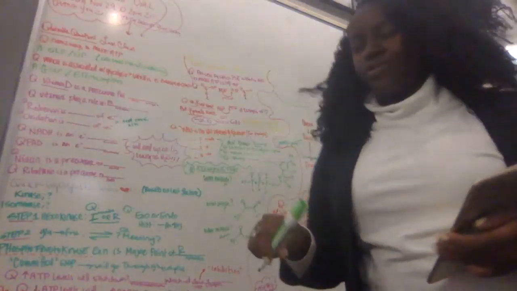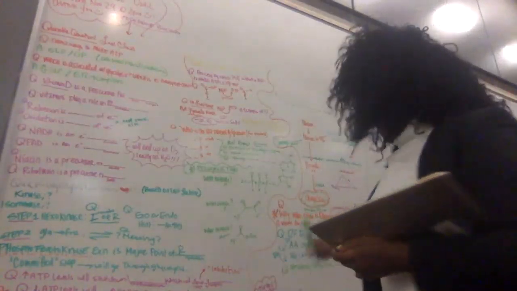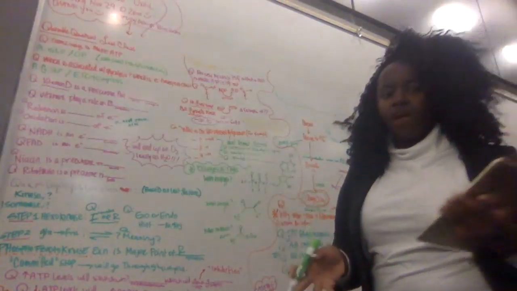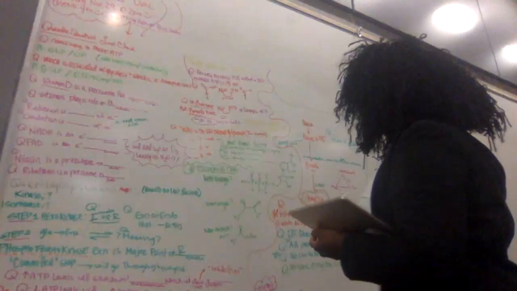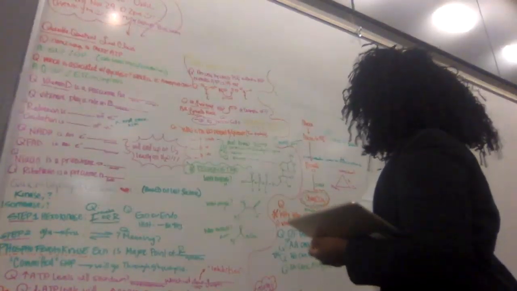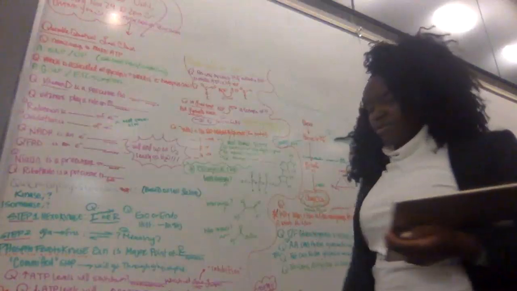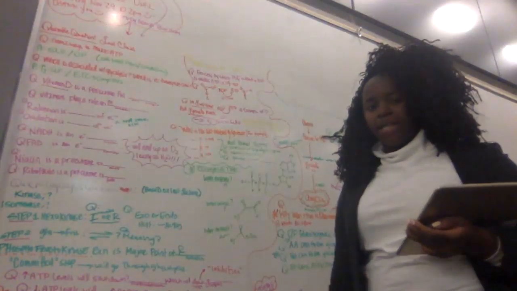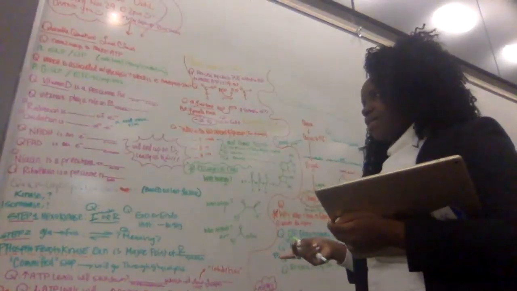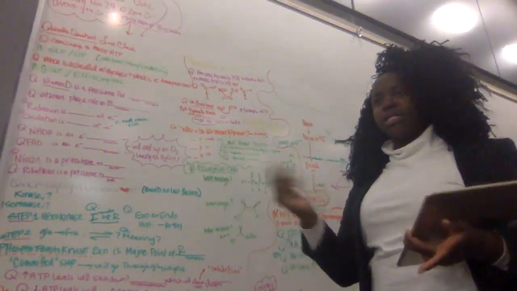However, true or false, gluconeogenesis is the opposite of glycolysis. The answer is false because, sorry, I meant reverse of glycolysis. So gluconeogenesis has irreversible steps. We want to remember that and keep that in mind when thinking about trying to relate glycolysis to gluconeogenesis and other pathways.